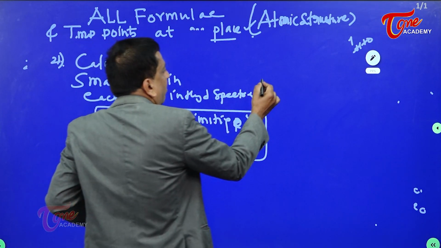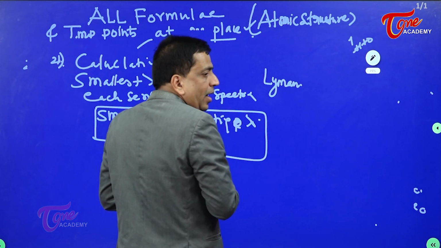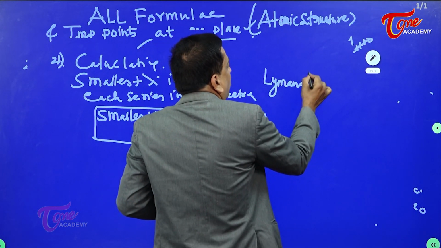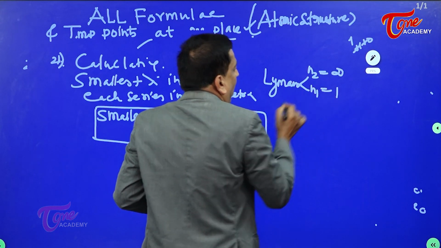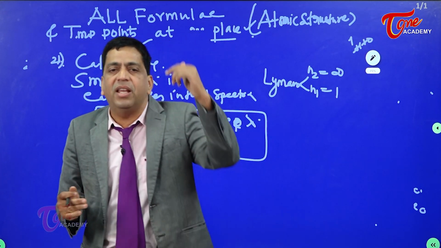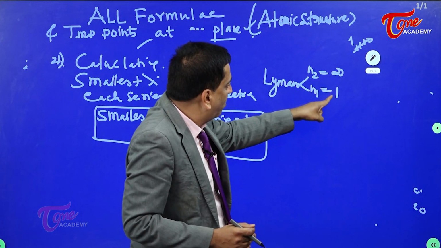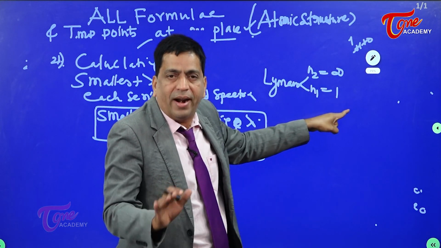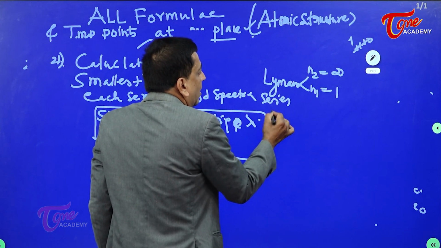And you have several series. One is Lyman, right? And in Lyman, N2 is equal to infinity and N1 is equal to 1. So a limiting lambda is nothing but a jump from infinity to a particular energy level. So from infinity to a particular energy level, that is 1, we call this the Lyman series limit.